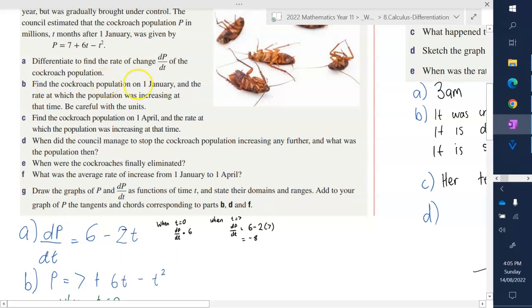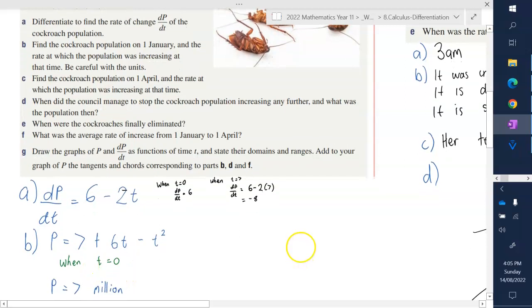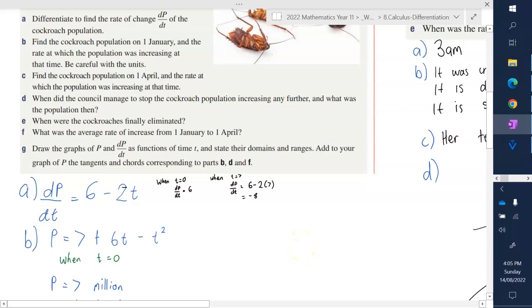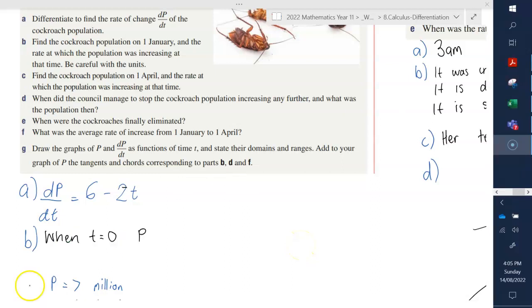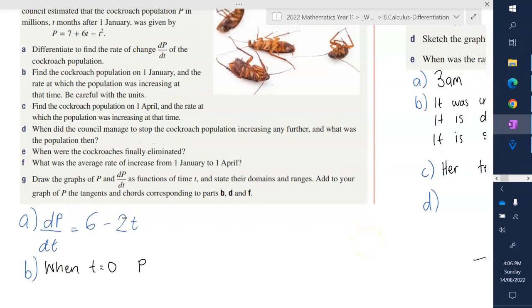Part B, find the cockroach population on the 1st of January and the rate at which the population was increasing at this time. So the 1st of January happened at time equals 0. The question wants two things for part B, the population and the rate at which the population was increasing.